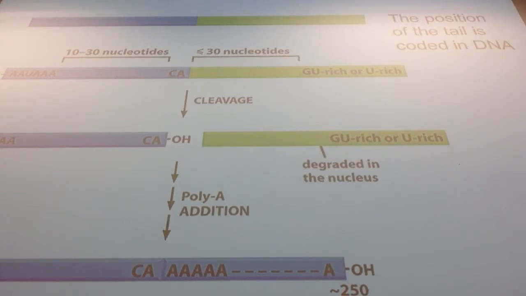Processing continues and is wrapping up, right? RNA splicing continues. So by the time that polyadenylation occurs, you may still have 1 or 2 introns that still need to be removed.